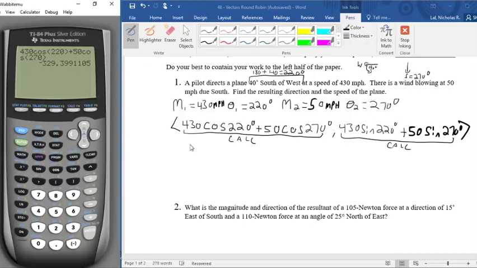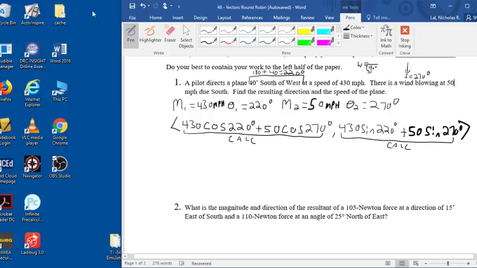That's going to be negative 329.39. So our horizontal component is negative 329.39.